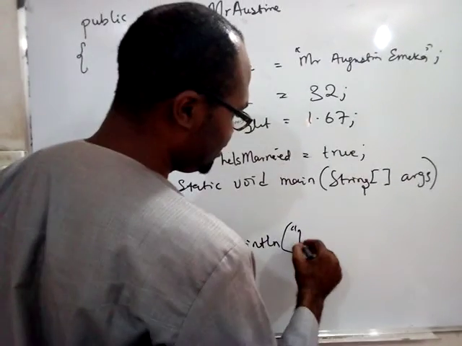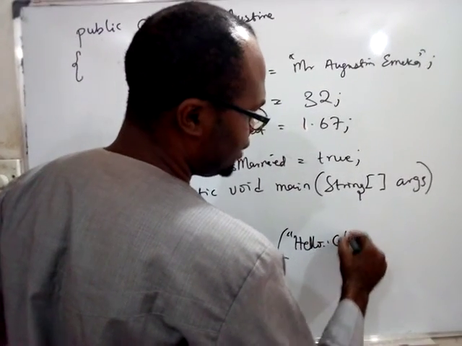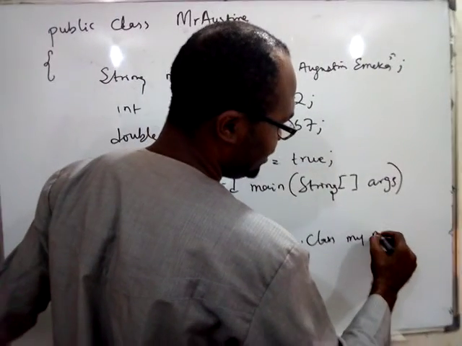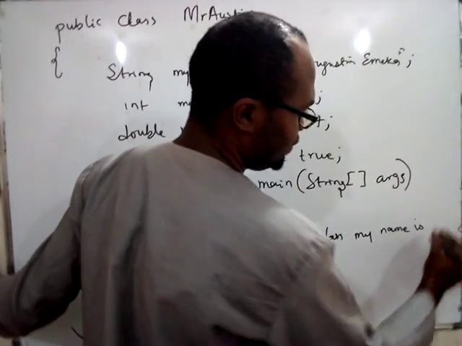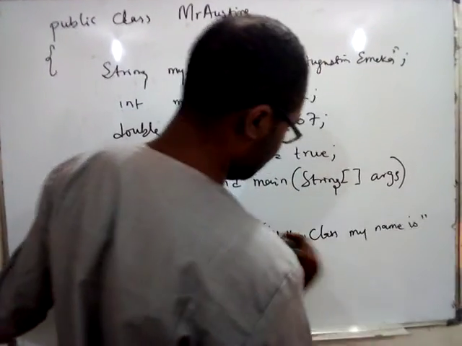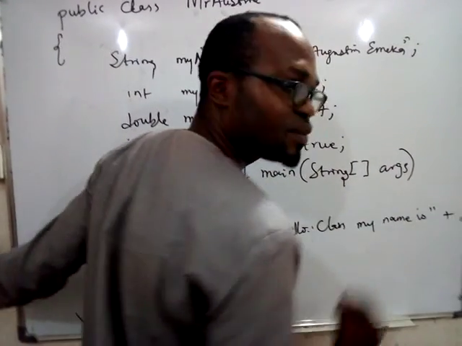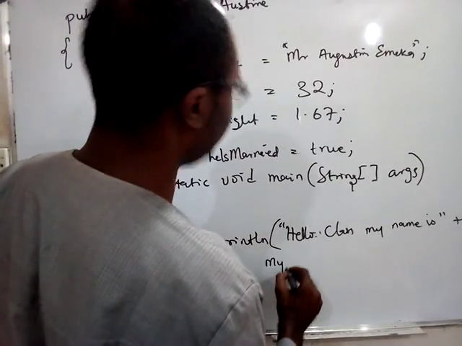It will say hello class, my name is, you give space and put double quote and put plus, then you write this variable, my name. It will echo Mr. Austin for you.